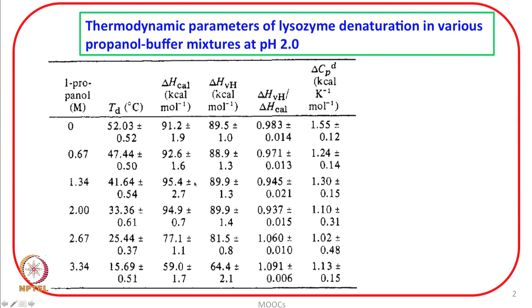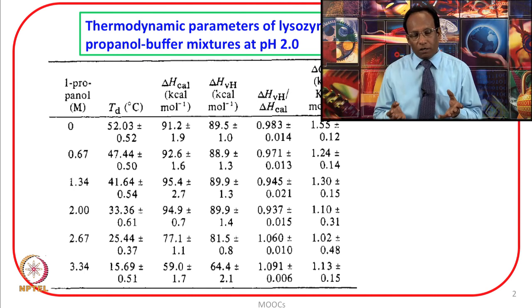Another observation is the ratio of Van 't Hoff to calorimetric enthalpy is more or less close to 1 in each case. If the ratio of Van 't Hoff to calorimetric enthalpy is almost remaining 1, that means the thermal unfolding of the protein is obeying a two-state unfolding mechanism.